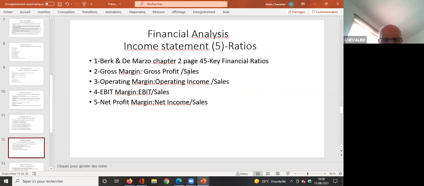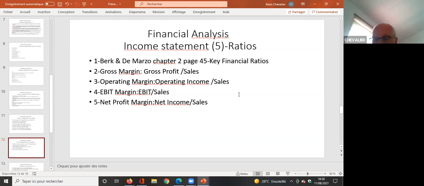If you have a look at your main reference, which is Berk and DeMarzo, chapter 2, page 45, Key Financial Ratios, you will find a table of ratios. I will use it step by step in the next session and compare them with other approaches, okay?